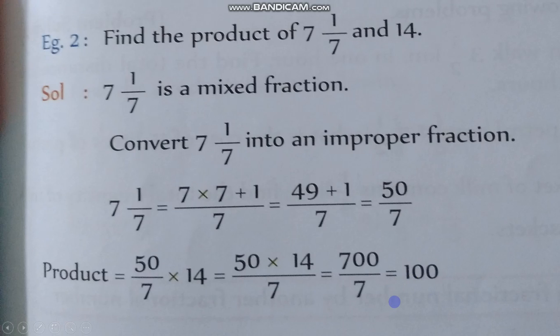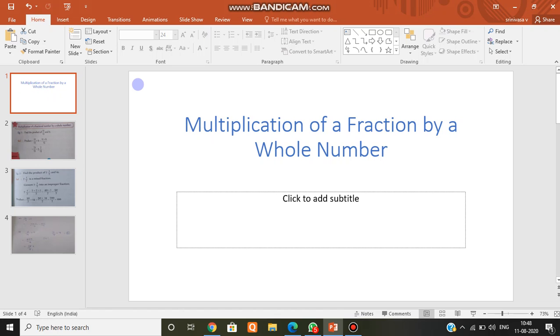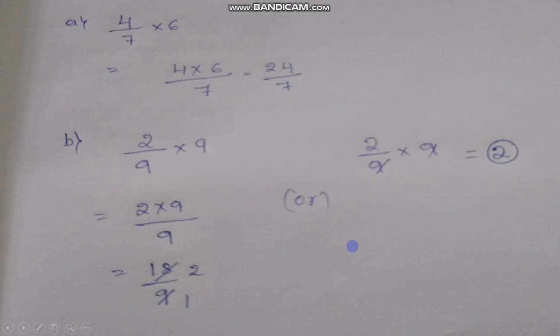So like that we can solve the multiplication of a fraction. And there are some other examples, see in your exercise problems. Okay, 4 by 7 into 6. So you can write 4 into 6 by 7, the answer is 24 by 7. 4 sixes are 24 by 7.